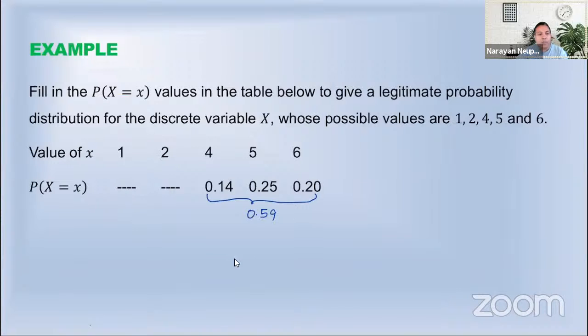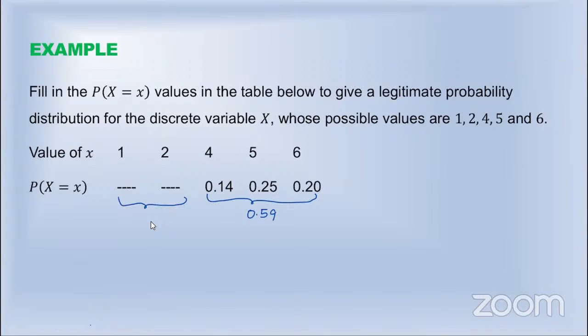That means to make a total of 1, what should be the sum of the missing 2? 0.59 plus how much will be 1? 1 minus 0.59, because out of 1, 0.59 is already here. So if we do 1 minus 0.59, it will give you the sum of these two. What is 1 minus 0.59? 0.41.